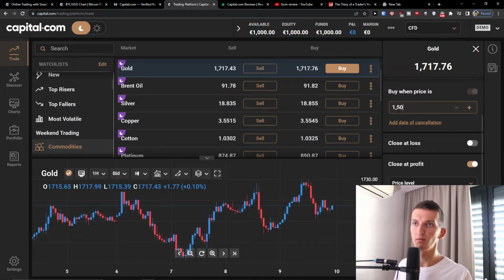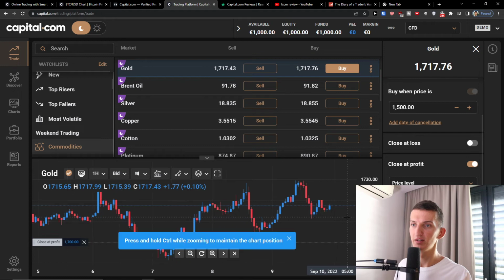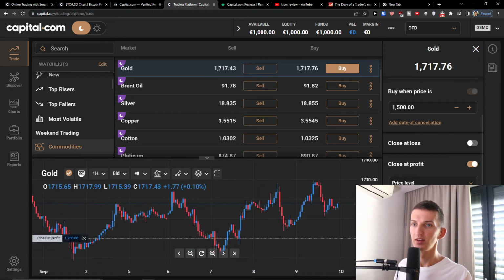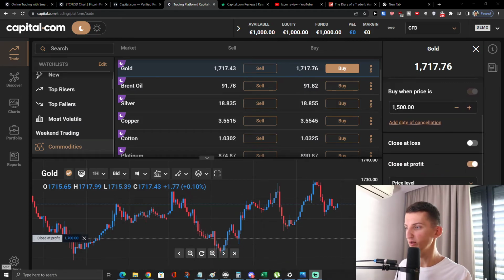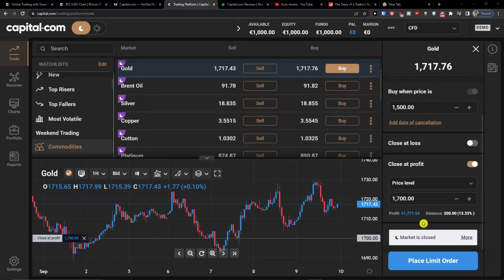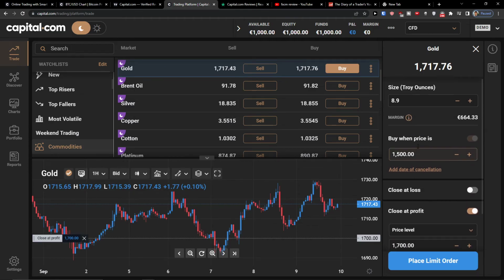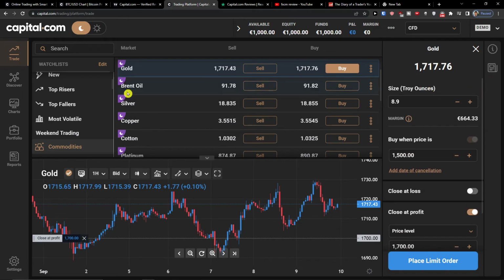So when this gets to 500, I'm going to sell it, and look at this, close at profit right here. See? And this is the distance. Oh, you don't see it right now, so I'm going to show you. So you see right here the distance, the profit, the price level, close at loss. You can do that. And really easy to understand, right?